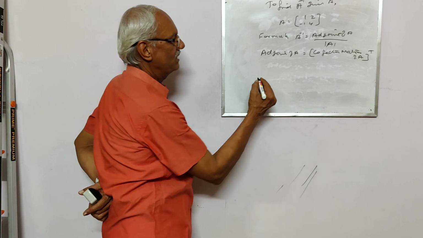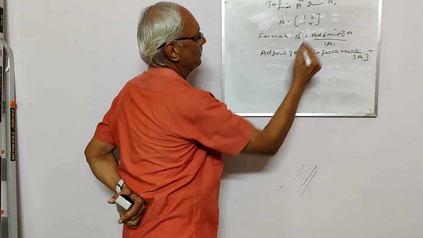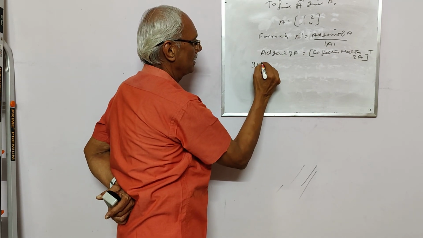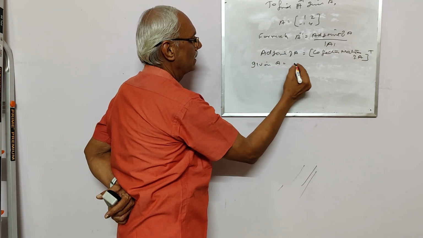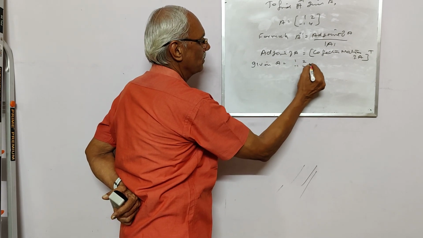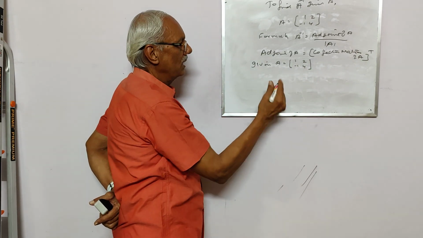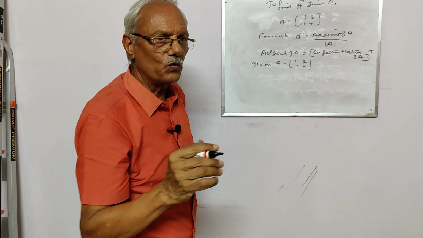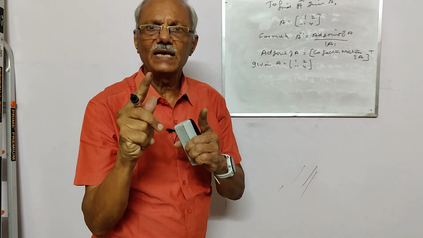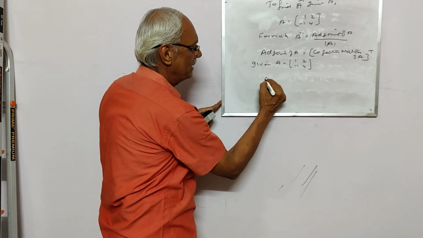Now, I'll write here. So you have got this matrix A given: 1, 2, minus 1, 4. What is the meaning of cofactor? It means the cofactor of every element in the matrix.